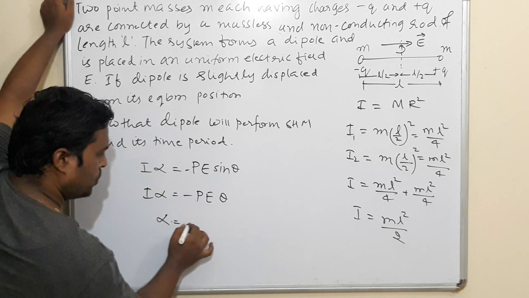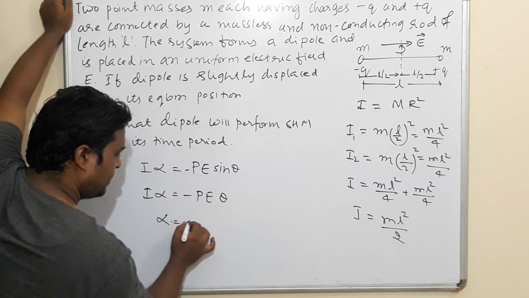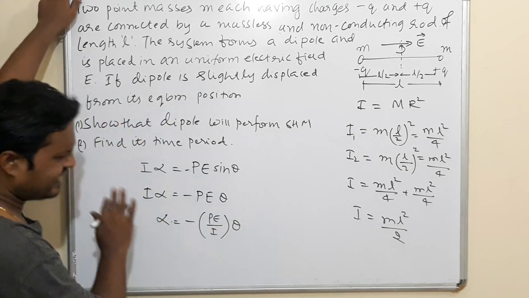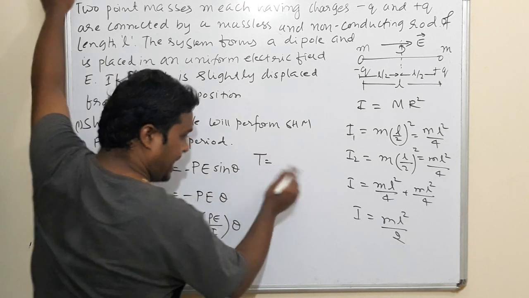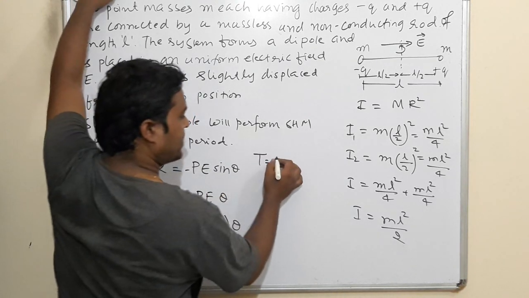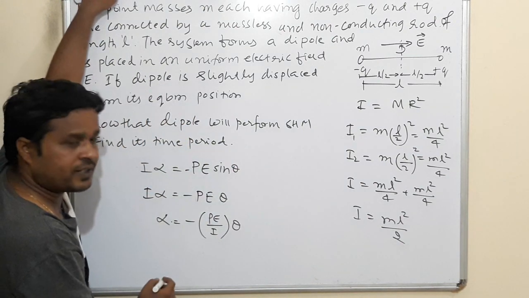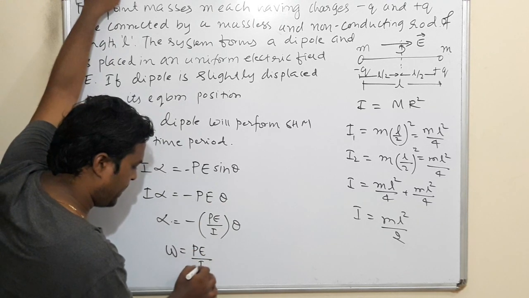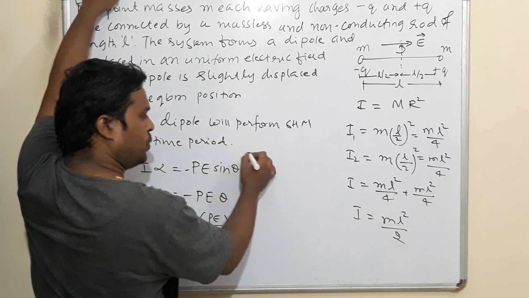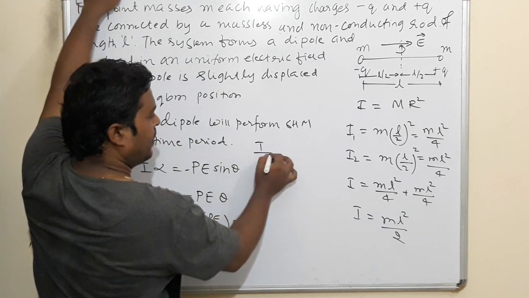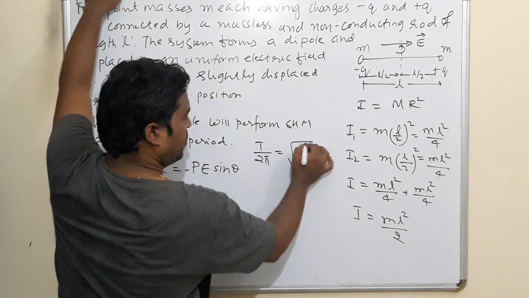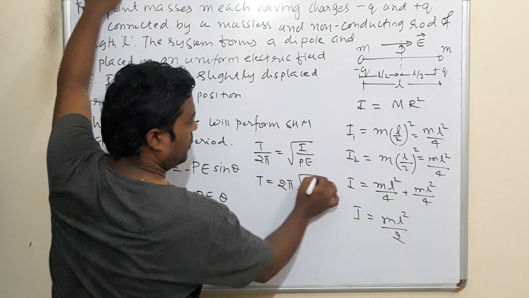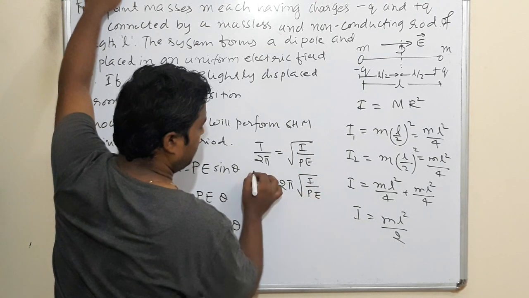Again alpha is equal to minus P by I into theta. Same expression we will get for time period as we solved in the previous example. Again this will be equal to omega square. Omega will be equal to root of P by I. Then 2 pi by T is equal to this much. T by 2 pi is equal to root of I by P. Then T is equal to 2 pi root of I by P. This is the time period.